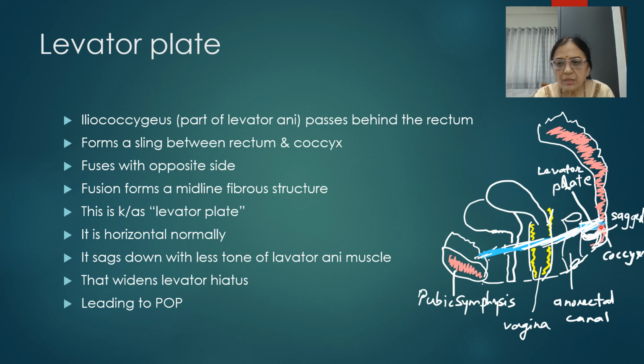Sagging down means it becomes like a hammock. It sags down, and because of that, there is a widening of this levator hiatus. It becomes bigger, and that leads to more stress on level 1 and level 2 DeLancey supports, leading to the starting point of pelvic organ prolapse.